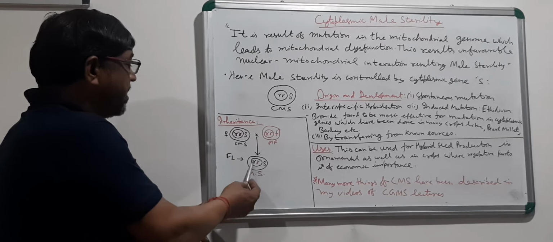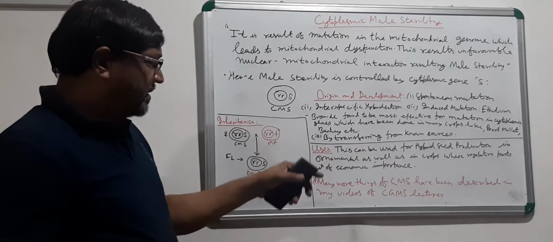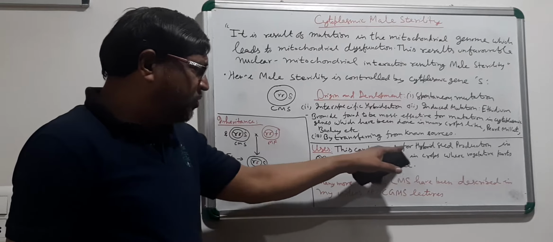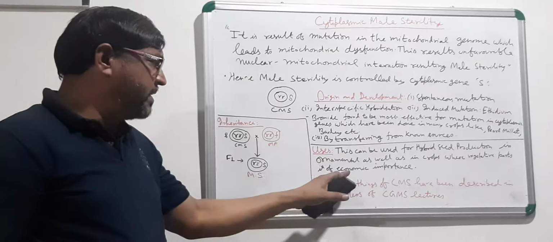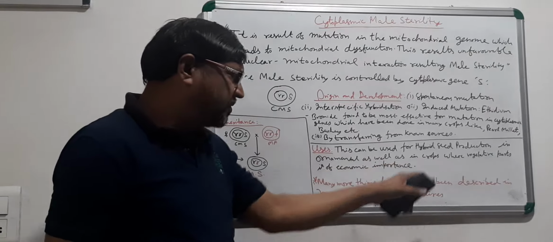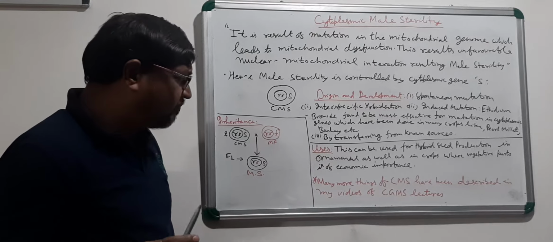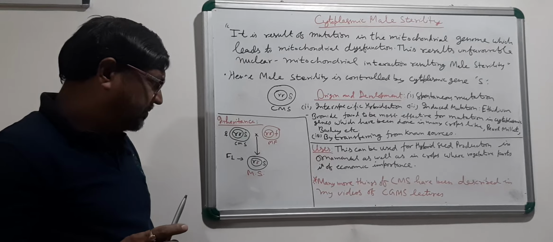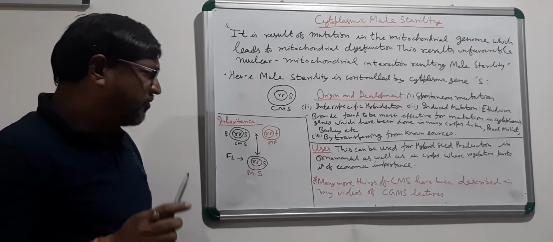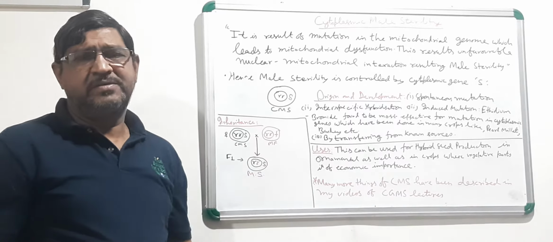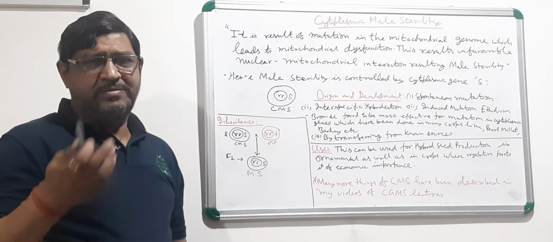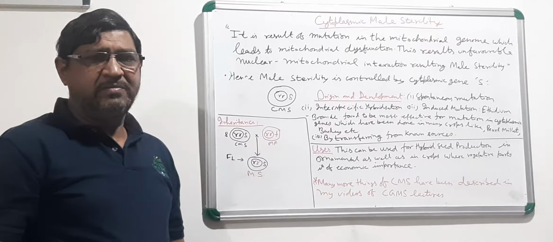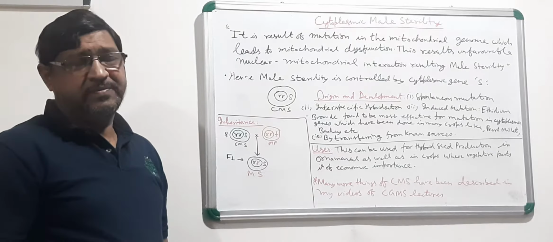So how can you use it? This can be used for hybrid seed production in ornamentals as well as in crops where vegetative parts are of economic importance, because the hybrid progeny will not give seeds or grains.